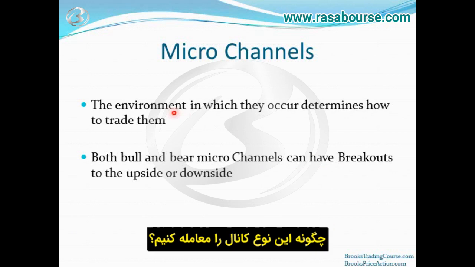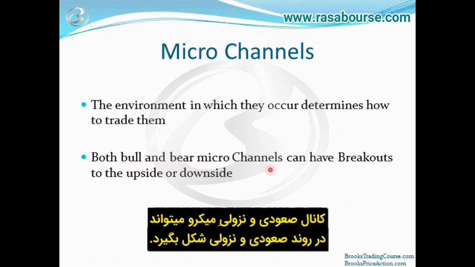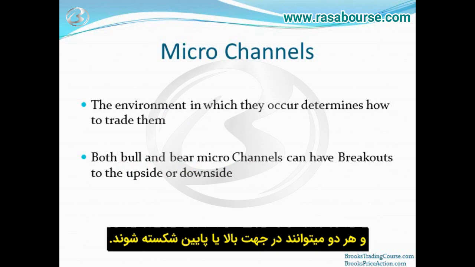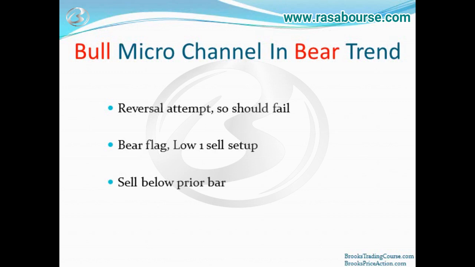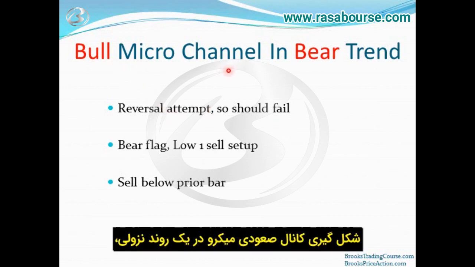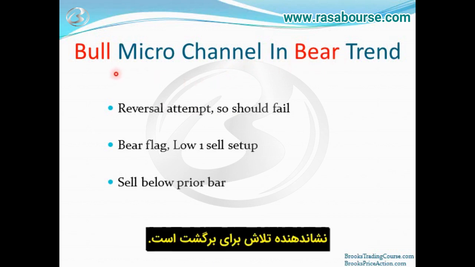How do you trade them? It depends on where they're occurring. Both bull and bear micro channels can occur in both bull and bear trends, and both can have breakouts to the upside or the downside. A bull micro channel in a bear trend is an attempt to reverse.